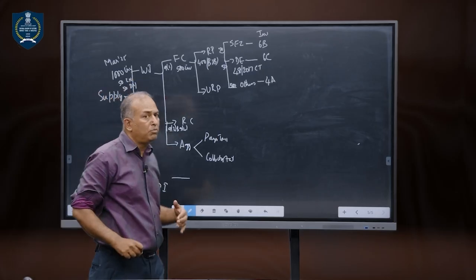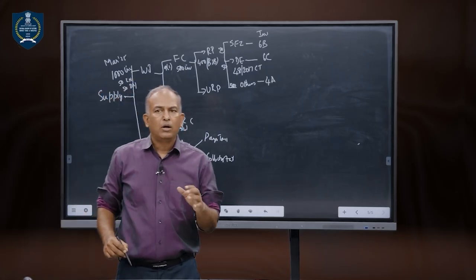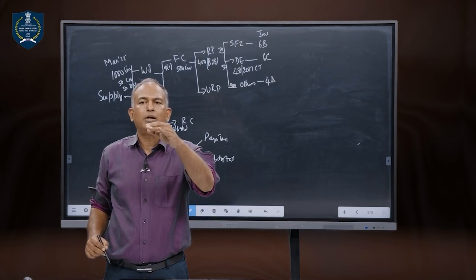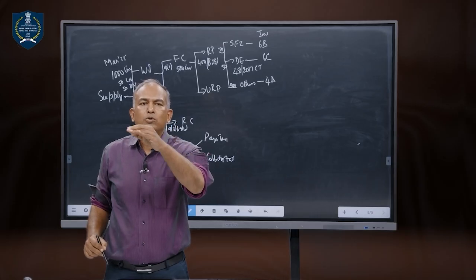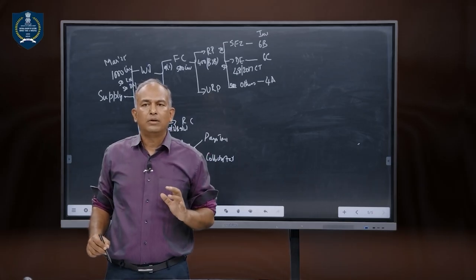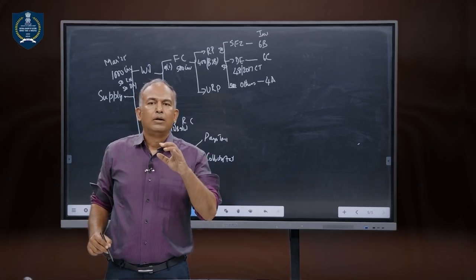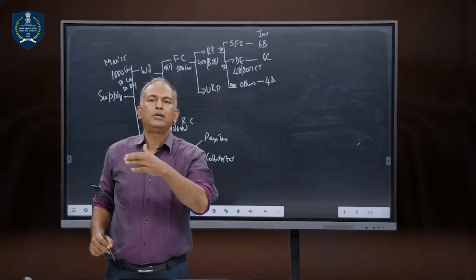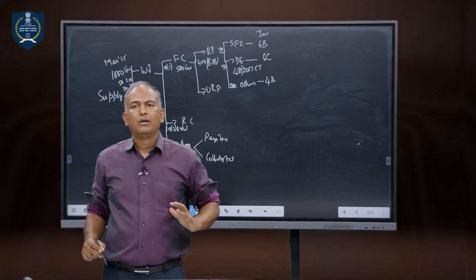You need to remember that a credit note should reduce the liability and reduce the input tax credit of the recipient. If there is a debit note, it should increase the liability and increase the input tax credit of the recipient.